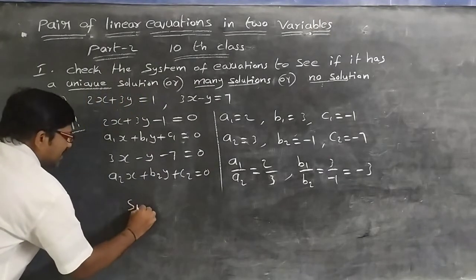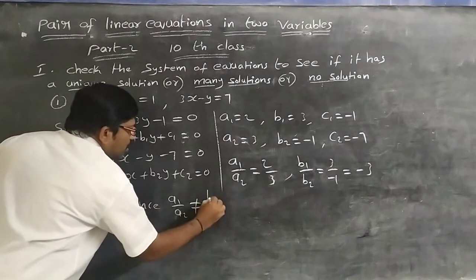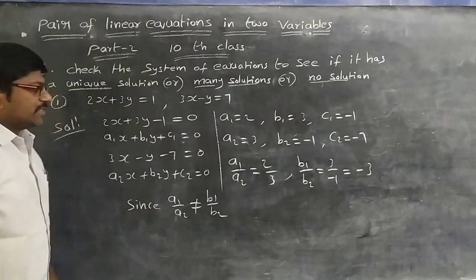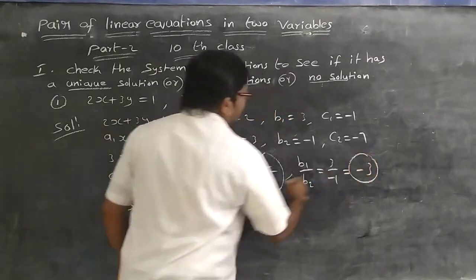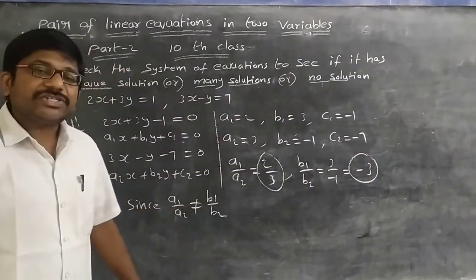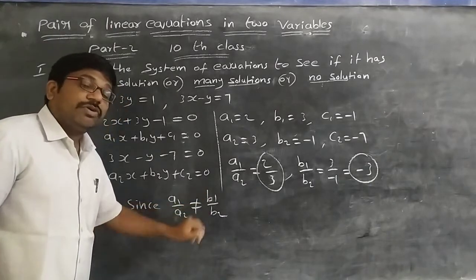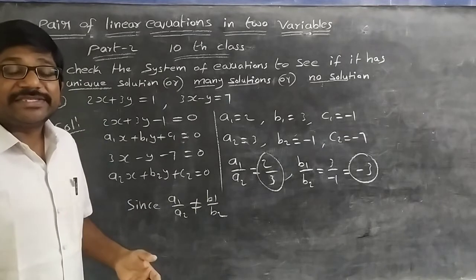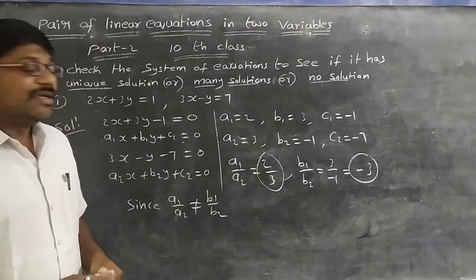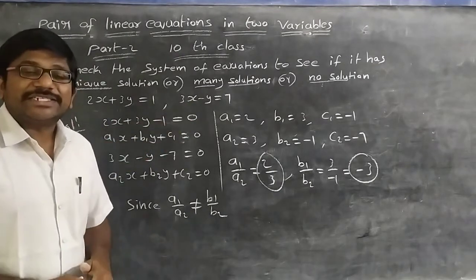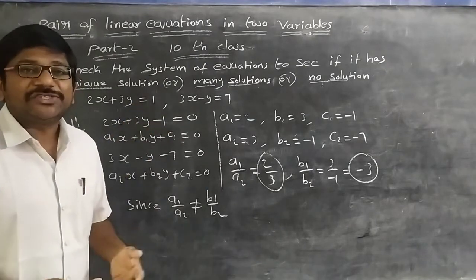Since A1 by A2 does not equal B1 by B2, according to the first condition, the system of equations is consistent, and the two lines intersect at one point. So in this case, the pair has a unique solution.